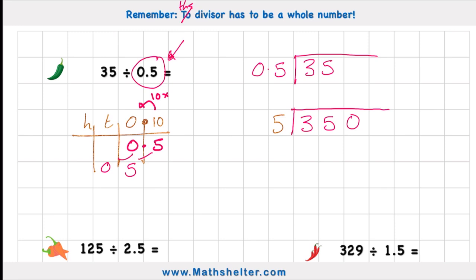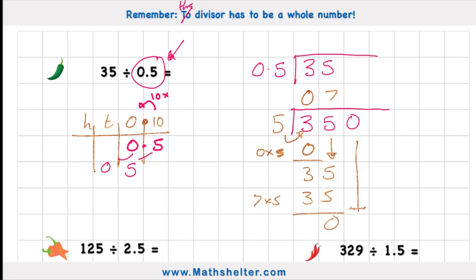And let's do our long division method of looking at how many 5s there are in 3. Well, there's 0, but let's see how many groups we took away. 0 times 5 is obviously 0. So 3 subtract 0 is still 3. Pull down my next digit, which is a 5. How many 5s are there in 35? There are 7. And then let's see how many groups we just took away. 7 times 5 is 35, leaving me with 0.